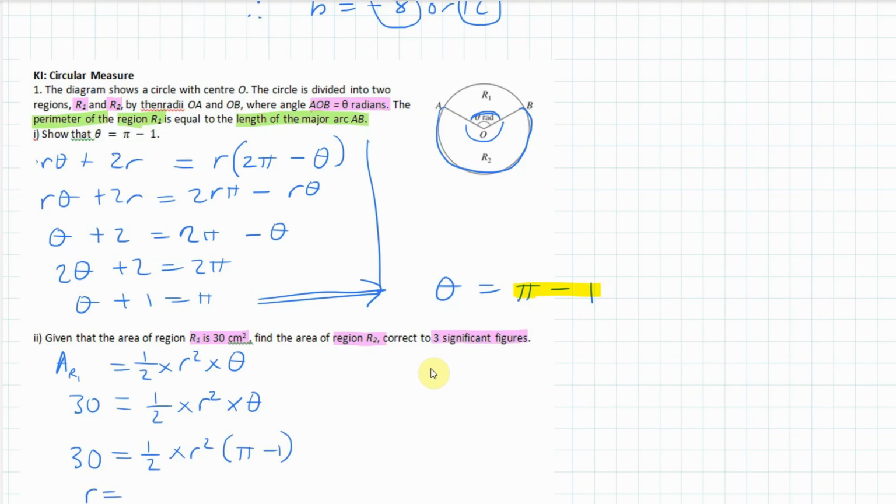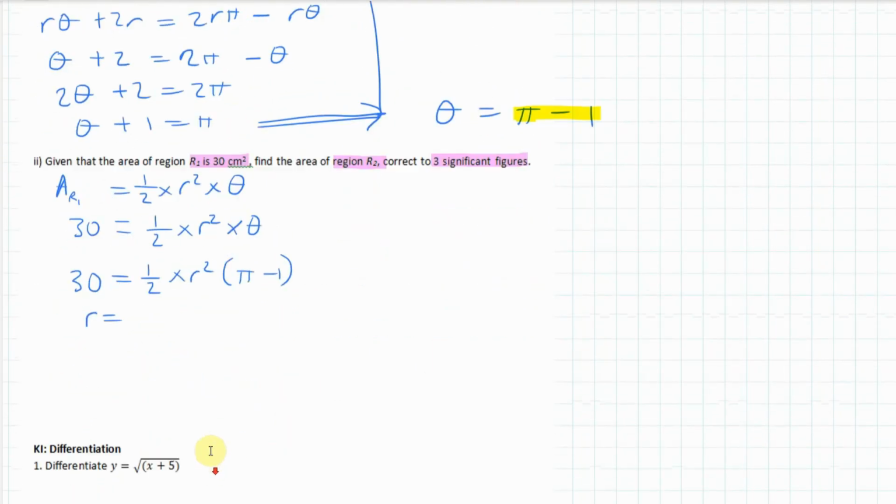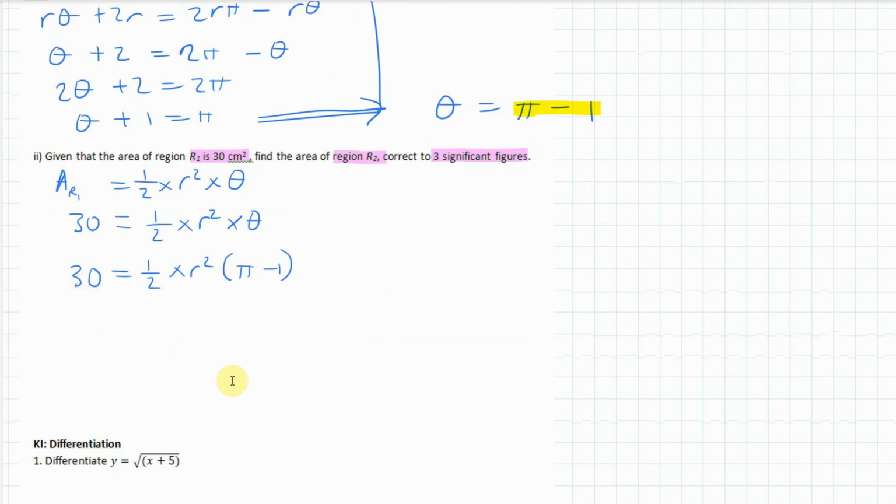So r squared is equal to, maybe I'll do it in steps, okay, so we don't make a right hash of it. So I'm going to double both sides, so I get 60 is equal to r squared into pi minus 1. Next, I get r squared is equal to 60 over pi minus 1, and so r is equal to the square root of 60 over pi minus 1.